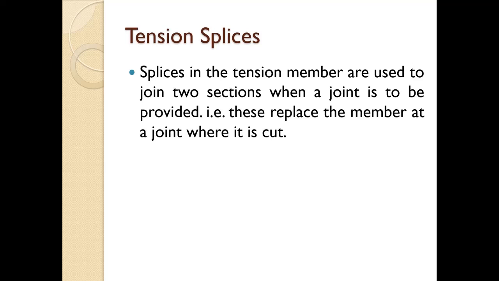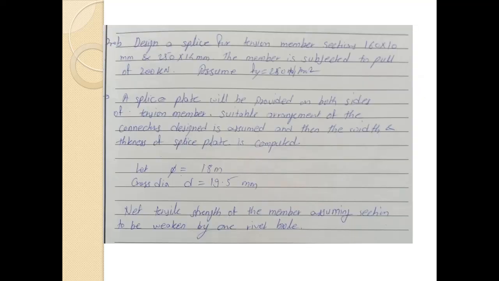So as per IS specification, the splice covers and its connection should be designed to develop the net tensile strength of the main member. So in design of splice plate, we have to provide the same member and the connection to carry the load which the main member is carrying.